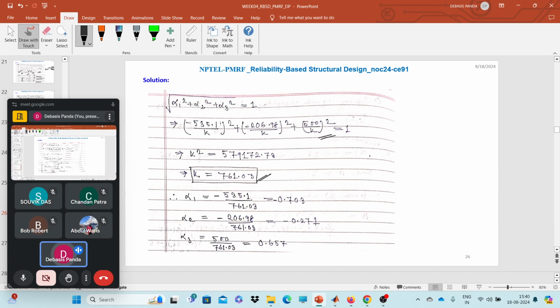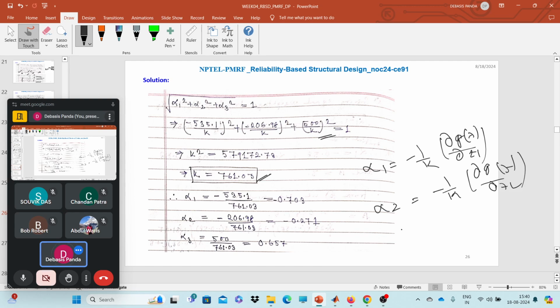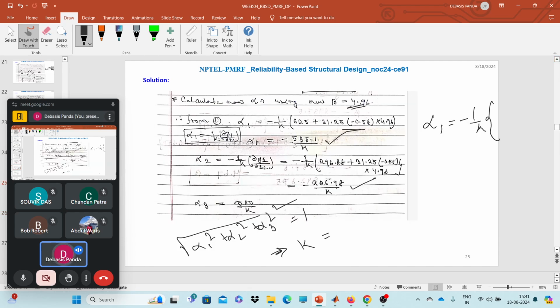Once you find the k value, you will find alpha 1 is equal to minus 1 by k dg by dz1, alpha 2 is equal to minus 1 by k dg by dz2, and alpha 3 is equal to 1 by k dg by dz3, right? So you will get the new set of alphas corresponding to beta. We have found out that beta is 4.96. Clear? So initially we started from 3, then we have reached 4.96.